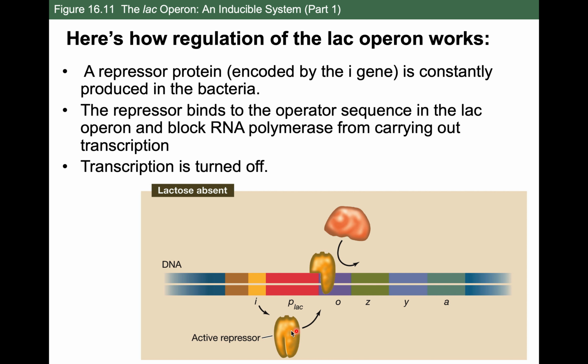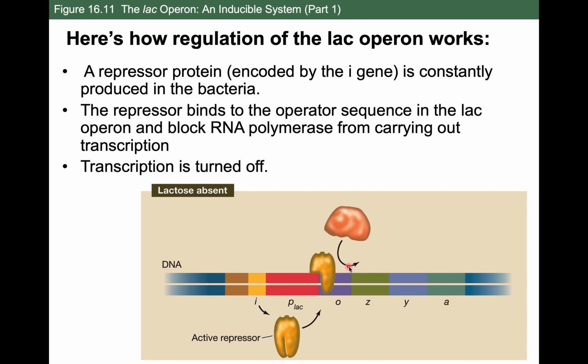And what the repressor protein likes to do is to actually bind to that operator DNA sequence that was part of the lac operon, right between the promoter and the structural genes. And so because this protein is always being made, it's always lurking around, as soon as it sees DNA, it will bind, and it just sits there on that operator sequence.